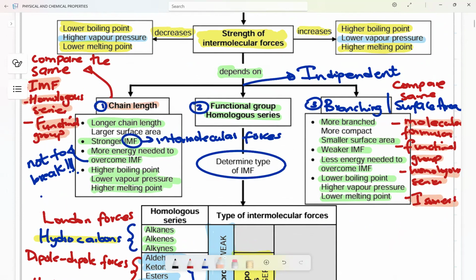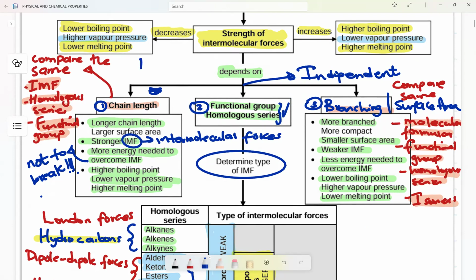We have chain length as an independent factor, branching as an independent factor, as well as functional group or homologous series as an independent factor. So if I'm comparing the chain length as my independent factor, I should keep the same homologous series and functional group. If they are branched, the branching should be the same. But what might differ is the chain length.